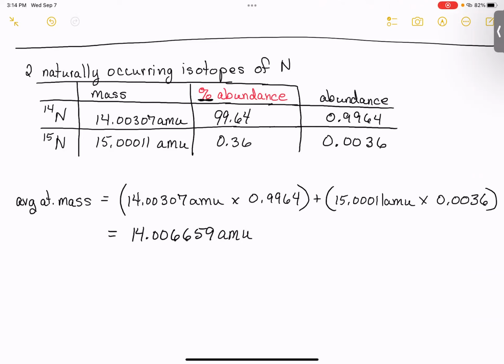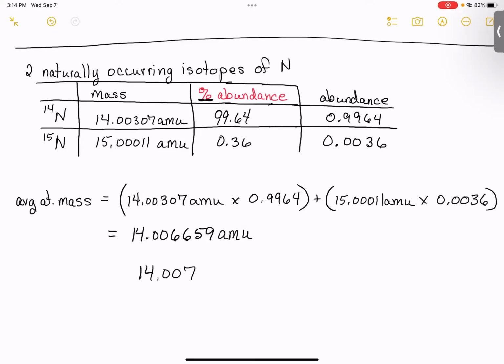Considering how far into the decimal places this number is, if you'll notice, they both round to 14.007 basically. This is how those numbers at the bottom of the periodic table were determined.